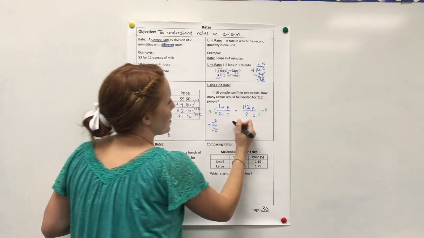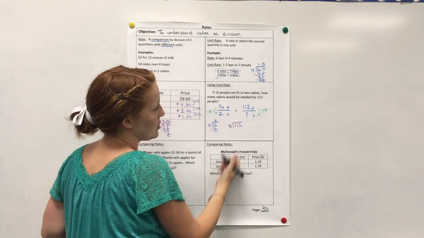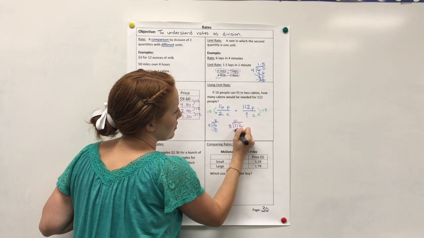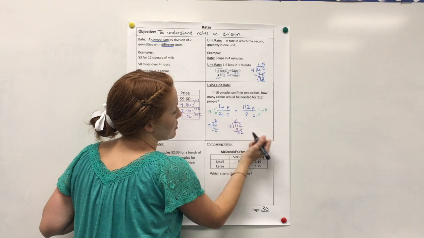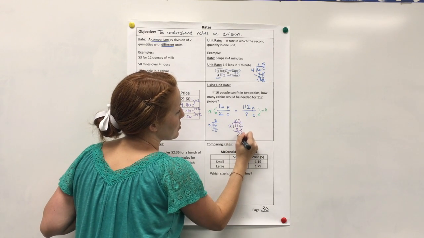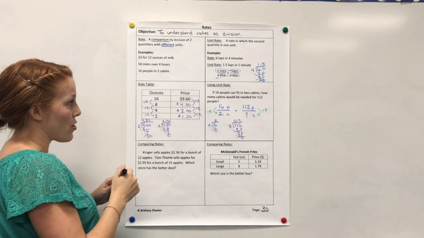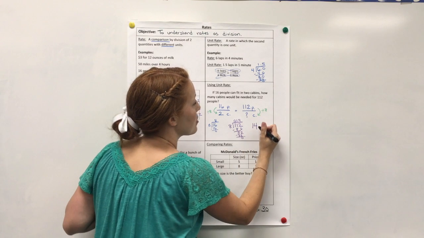So let's do 112 divided by 8. 8 goes into 11 one time, and that's 3, and bring down the 2. And 8 goes into 32 4 times, which is 32. So now I know that I would need 14, would be my missing number here, cabins.